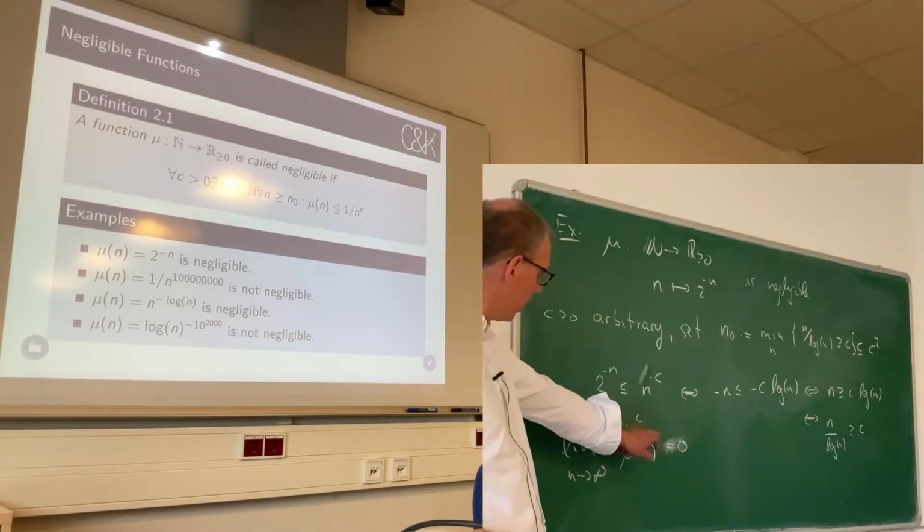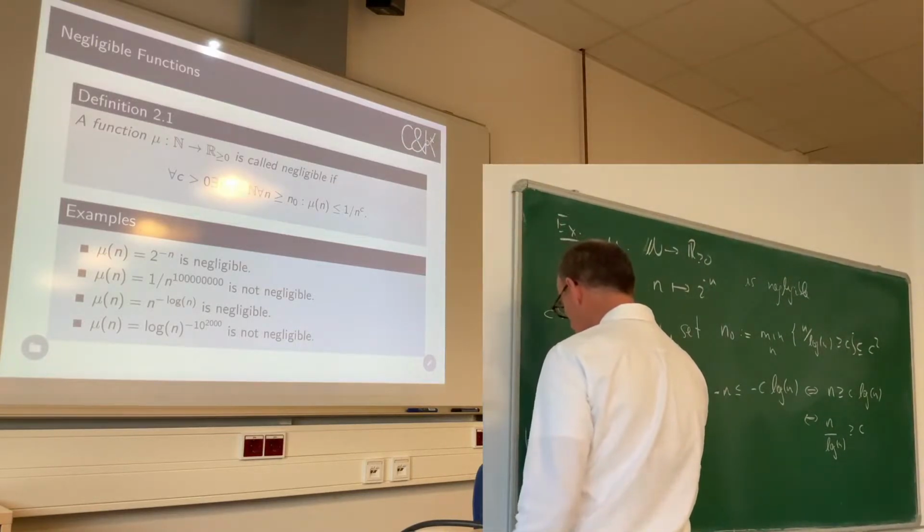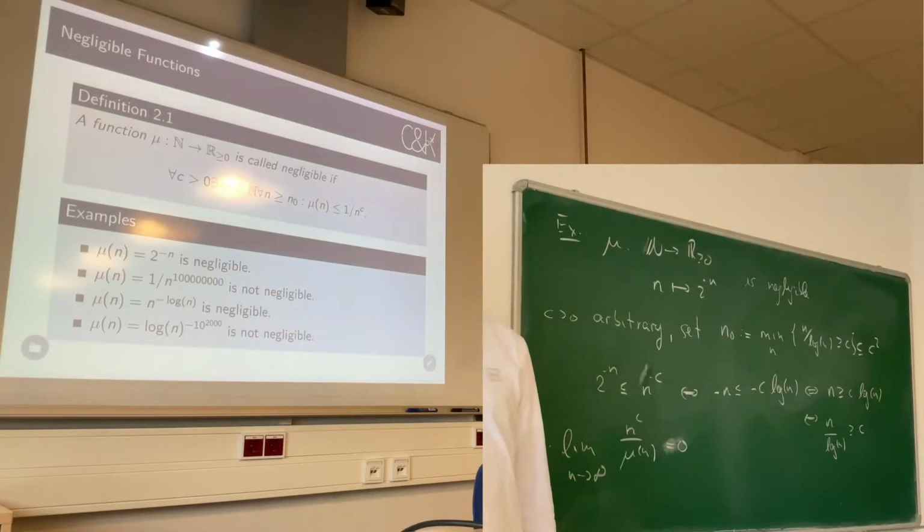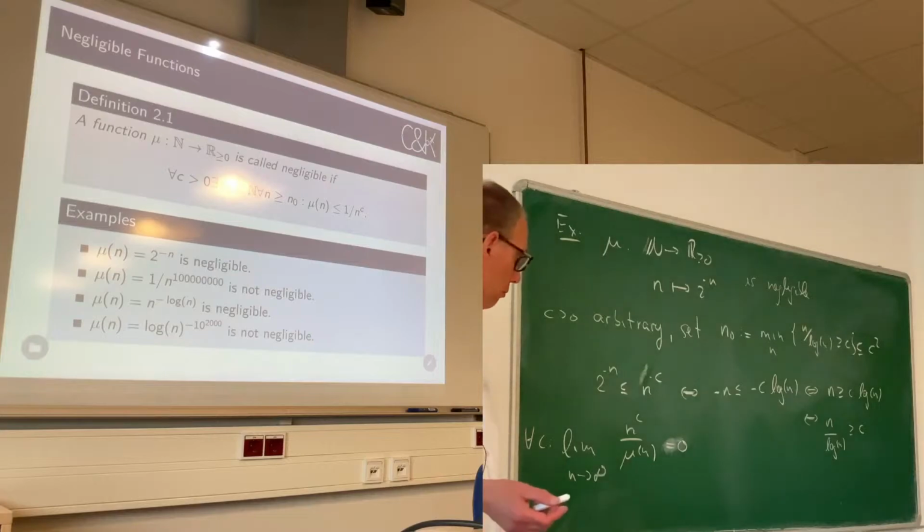You look at n to the c for all c, you look at n to the c divided by mu of n, and the limit of that should be 0.